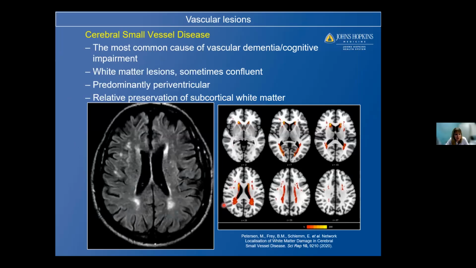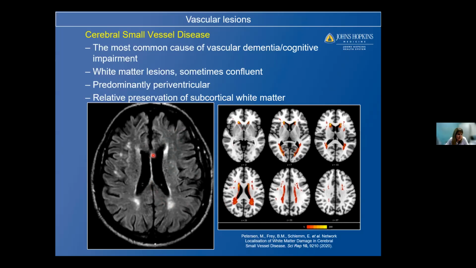As we all know, this is an age and vascular risk factor related process, and we see predominantly periventricular multiple white matter lesions, sometimes confluent, with relative preservation of the subcortical white matter, although we may see subcortical white matter involvement. It is to a lesser degree as compared to the periventricular. So people have mapped the common regions of chronic white matter microangiopathy as shown over here. Anything that does not follow the distribution should evoke an alternative diagnosis.